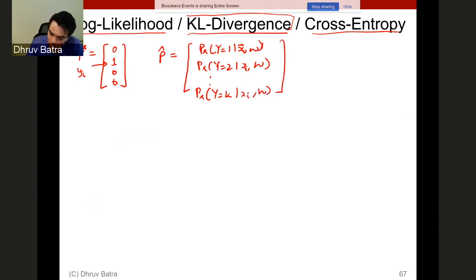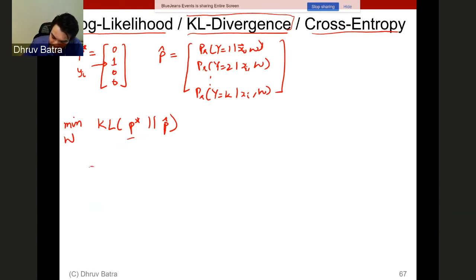So this is the output of the softmax function. And then what I'm going to ask for is the KL divergence between p star and p hat. This is what your model predicts. This is what reality is. And what I'm going to ask for is to minimize this with respect to w, and yes, w and b.